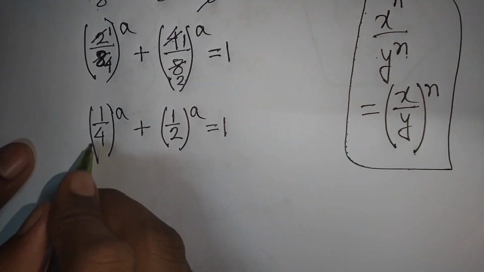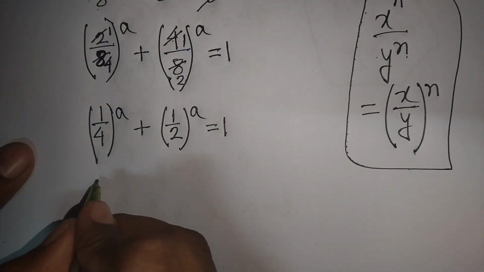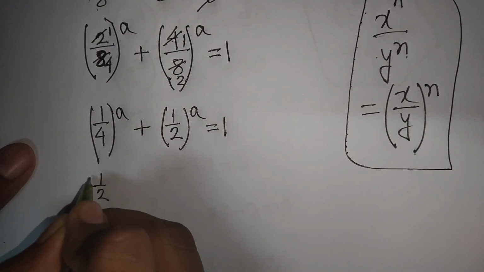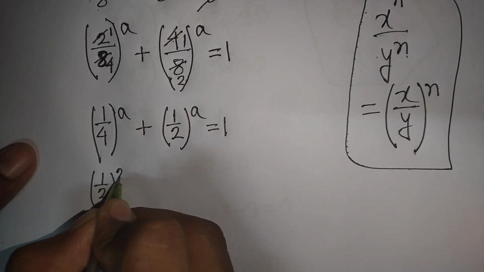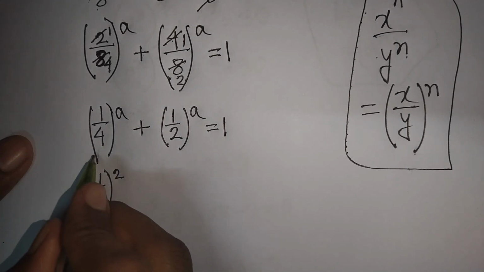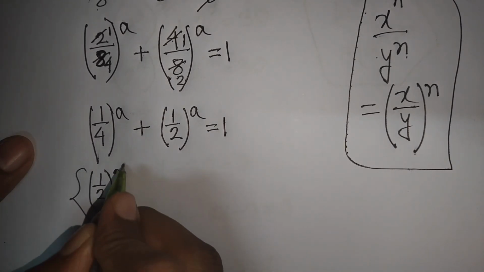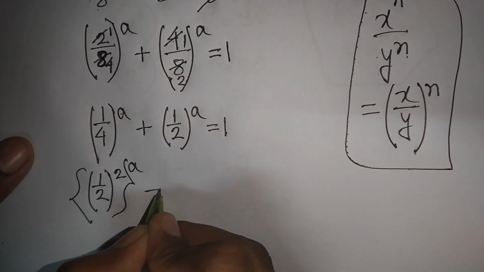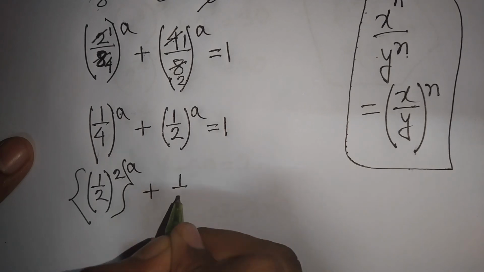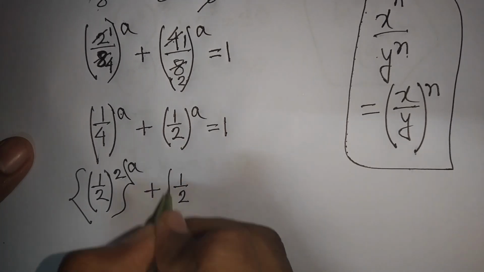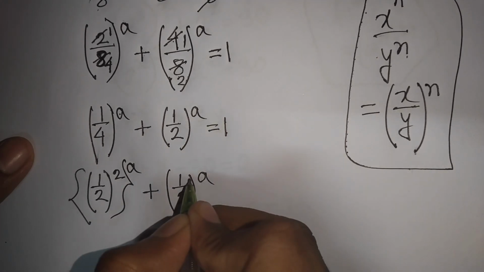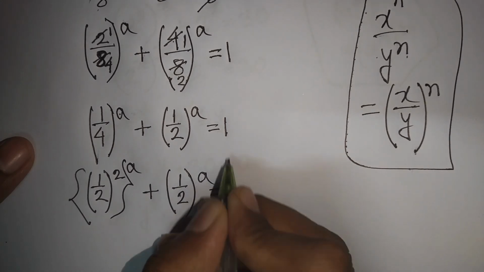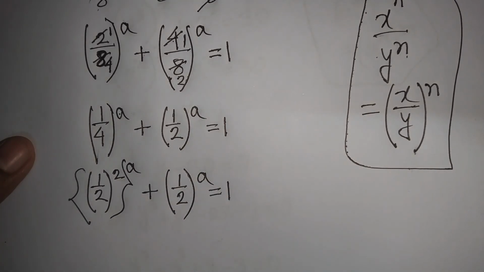Now 1 by 4 can be written as 1 by 2 bracket power 2. Then this first bracket can be written as second bracket, then power of a plus 1 by 2 bracket power of a is equal to 1.